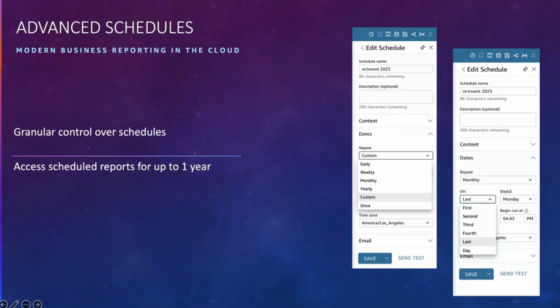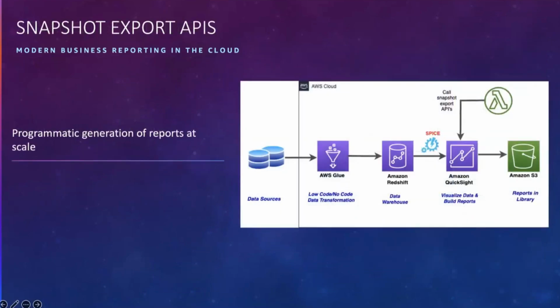In addition to these scheduled and export use cases, the other very important thing is the ability to create these same outputs, whether it be PDF, Excel, and CSV, via APIs as well. So programmatically being able to generate these reports at scale.